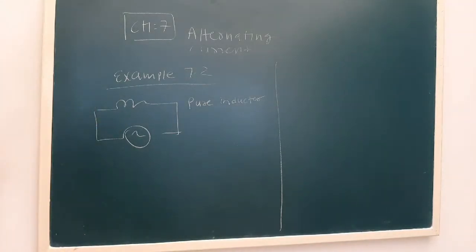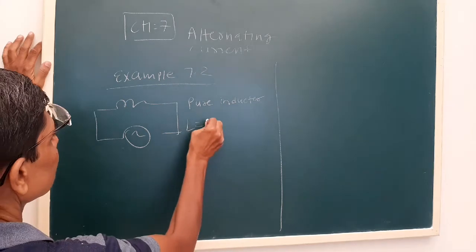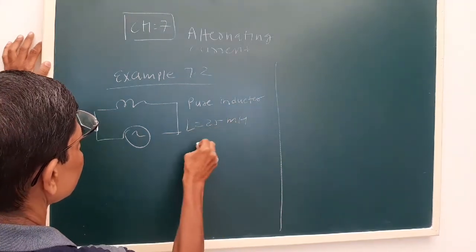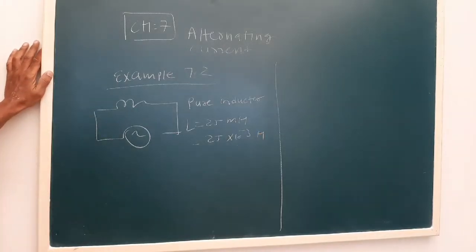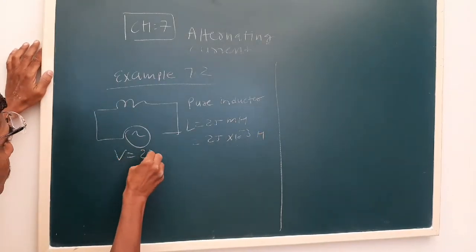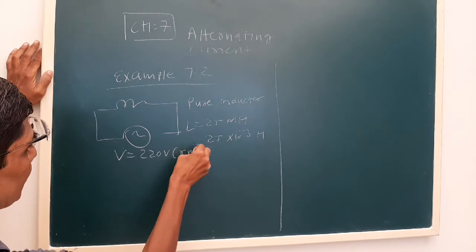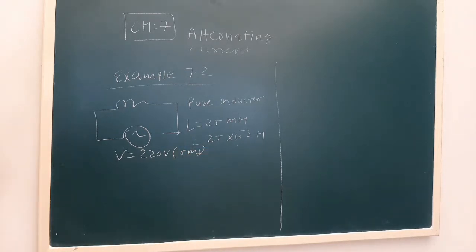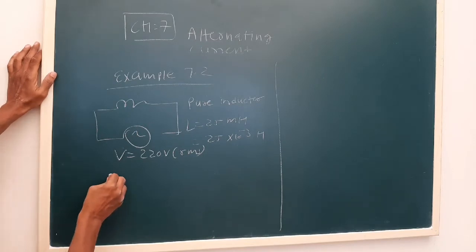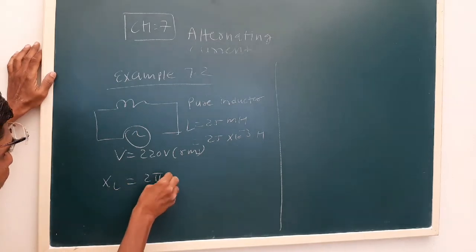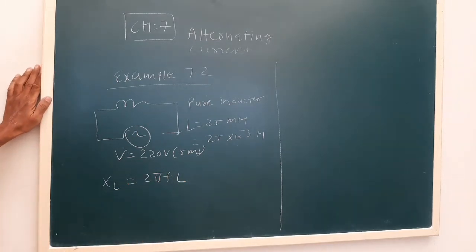So that is an ideal inductor. L is 25 millihenry. Now V is equal to 220 volt RMS. Unless mentioned, we always assume that it is an RMS voltage. Now XL is 2 pi FL, and the frequency is given as 50 Hertz.